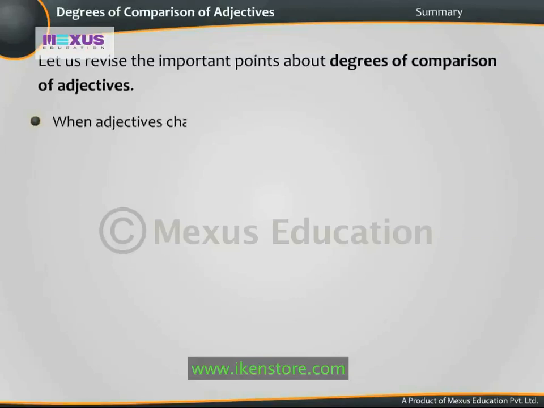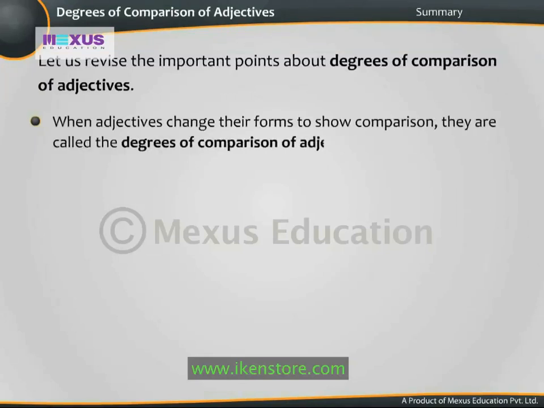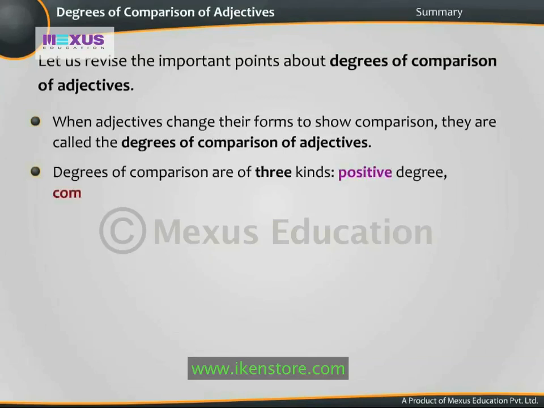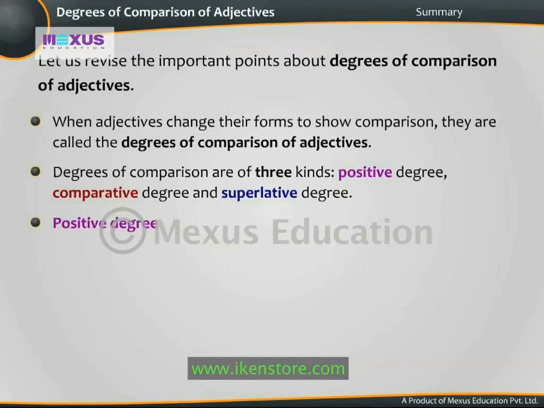When adjectives change their forms to show comparison, they are called the degrees of comparison of adjectives. Degrees of comparison are of three kinds: positive degree, comparative degree, and superlative degree. Positive degree refers to the adjective in its simple form.